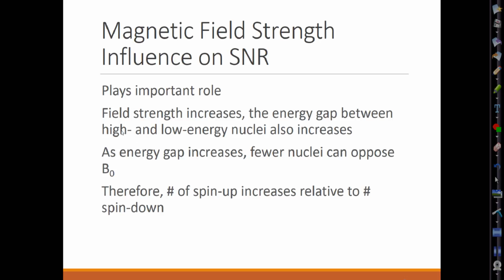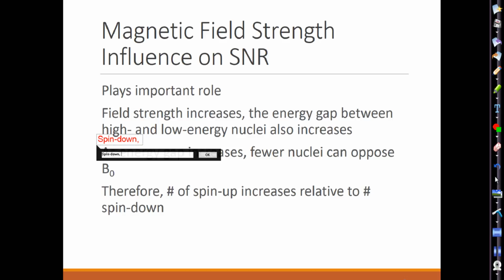So what are some other names for high energy? Remember the other names and synonyms for high energy? Spin down. Good. Because they're opposing the static magnetic field. So spin down. And then there was also directionally another name.